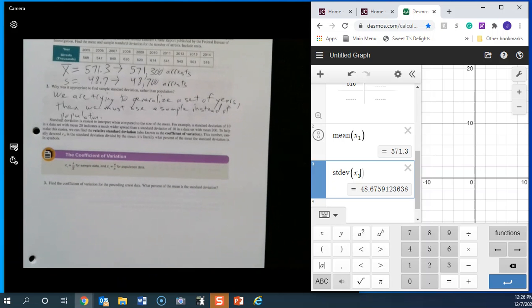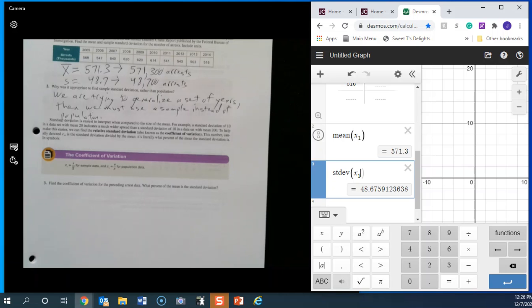All right, now it says standard deviation is easiest to interpret when compared to the size of the mean. For example, a standard deviation of 10 in a data set with mean 20 indicates a much wider spread than a standard deviation of 10 in a data set with mean 200. To help make this easier, we can find the relative standard deviation, also known as the coefficient of variation.